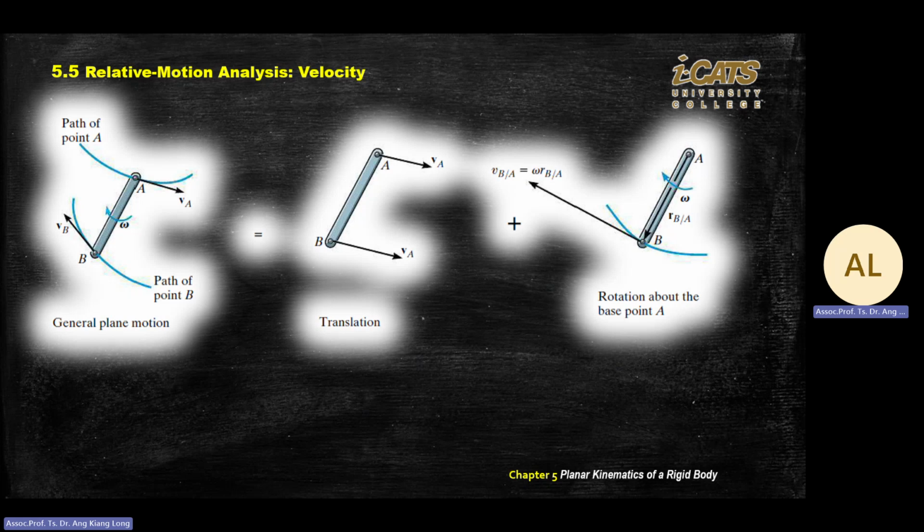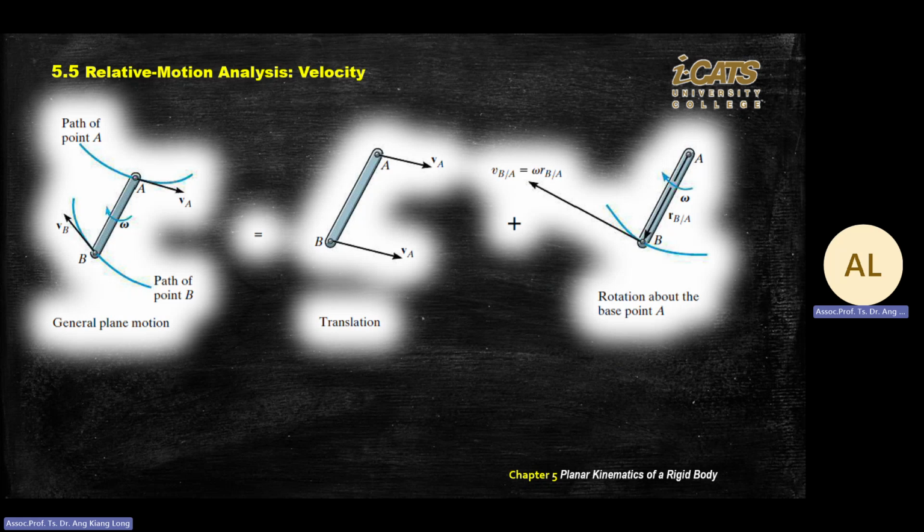When you have circular motion, you are moving in a curve, your velocity is always tangent to the curve. So VA and VB. And then you have the omega. Omega is a rotational velocity or angular velocity.